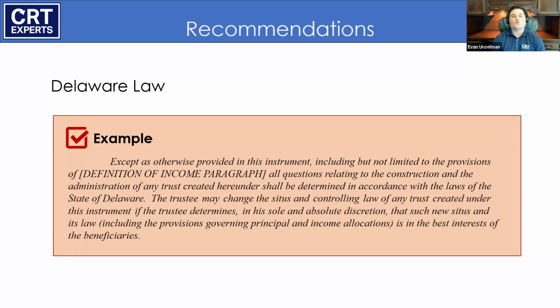There's a carve out for NIMCRUTs. Again, in the interest of maximizing flexibility for the client, we want to give the trustee the ability to change the state law. No reason not to give them that power, but we would initially always recommend the controlling law being Delaware.